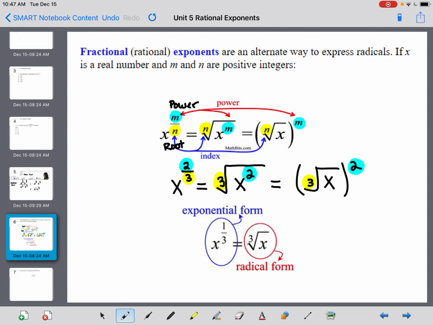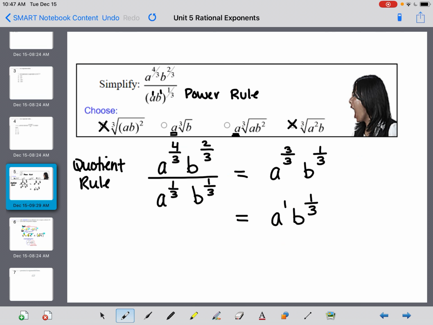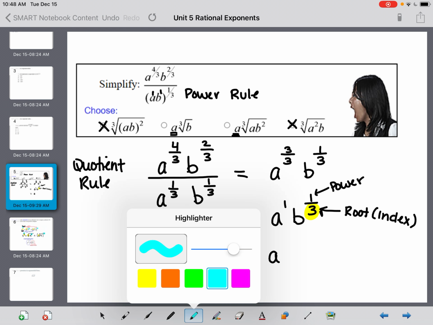So let's go back to that question. We knew we had a raised to the first, and we also have b being raised to the 1/3. So now let's just translate what we just learned. That's going to be my power. This is going to be my root or index number. So here's my power, here's my root.